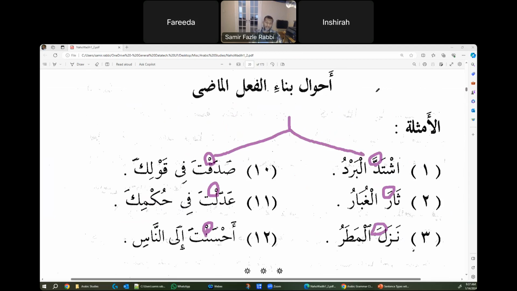Whereas if it's mudari', the ending of the verb is not fixed. It's mu'rab. It'll change between the other things. So if we look here, kind of going full circle.